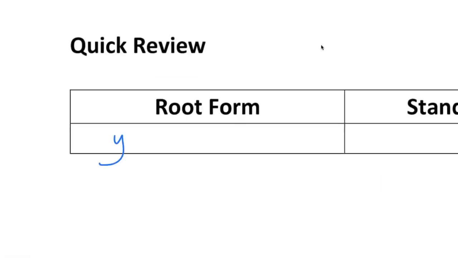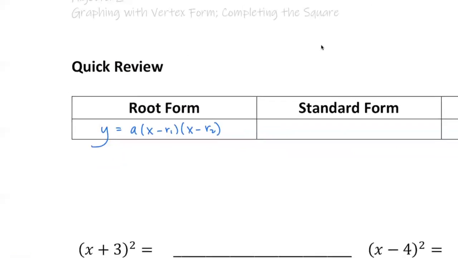The root form is y equals a times (x minus r1) times (x minus r2), where r1 and r2 are the roots. And again, it's not just about knowing the form, it's also about knowing what kind of information you can extract from each of these three forms.